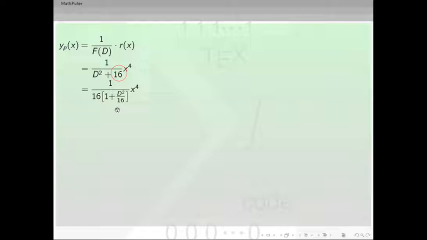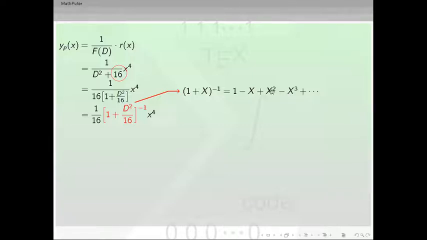Okay, so what is this? This is 1 plus D square upon 16 raised to minus 1 into x raised to 4. Now look at this term, 1 plus D square upon 16 raised to minus 1. If I consider this as x, then this is (1 plus x) inverse, and we know that (1 plus x) inverse is 1 minus x plus x square minus x cube and so on.